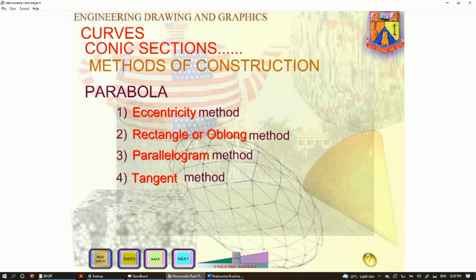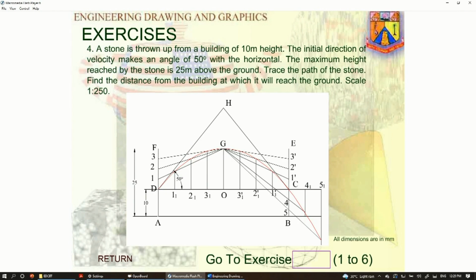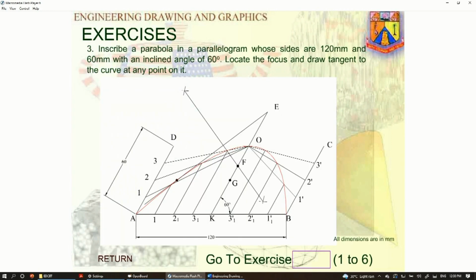In the rectangular method, you construct a rectangular box, then divide it and form the curve. Parallelograms have two sides parallel and the other two inclined.